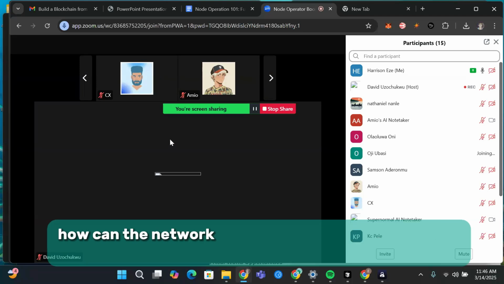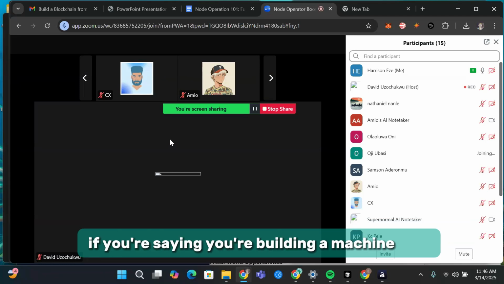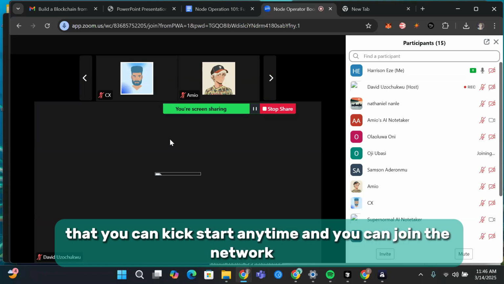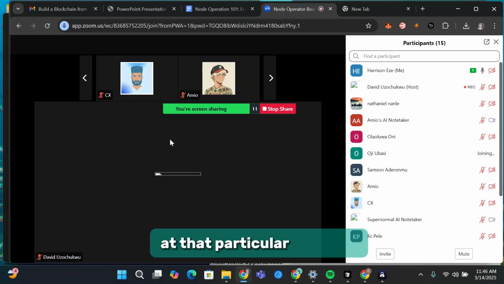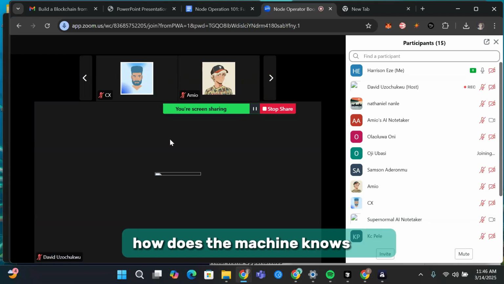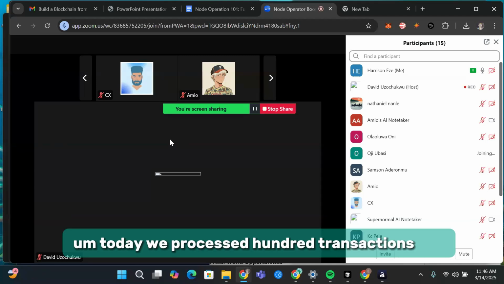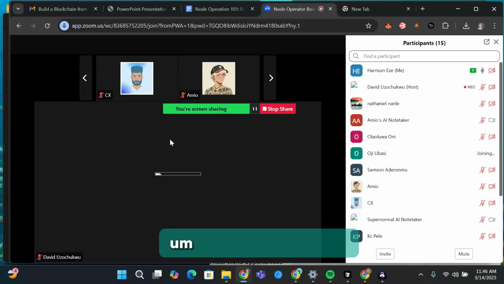If you're building a world computer, a machine that you can kickstart anytime and join the network, how does the machine know the state of the network at that particular instance? How does it know that today we processed 100 transactions, and the transactions are valid?